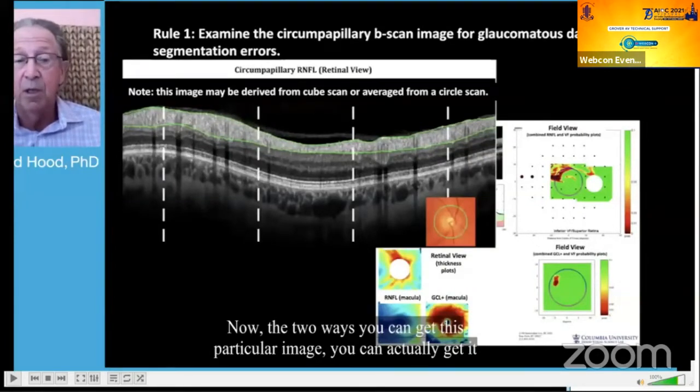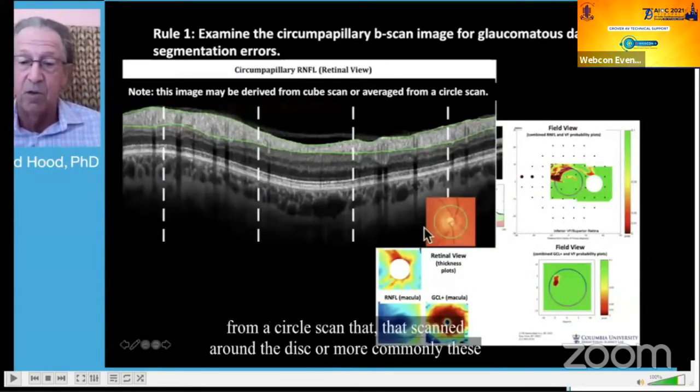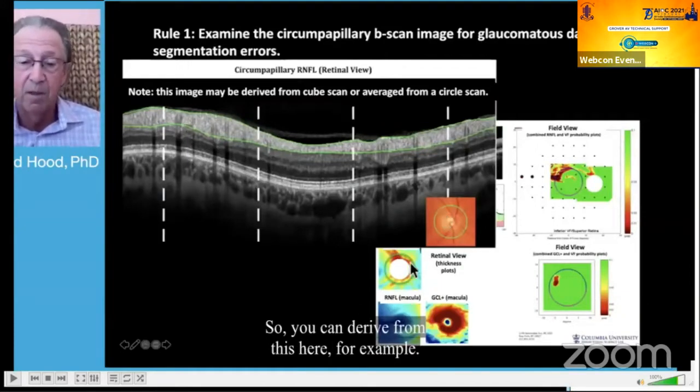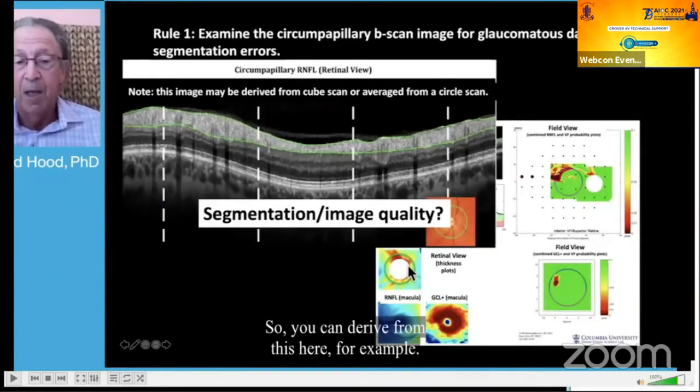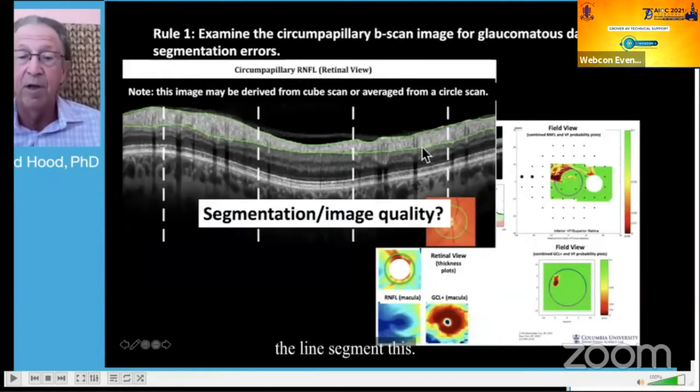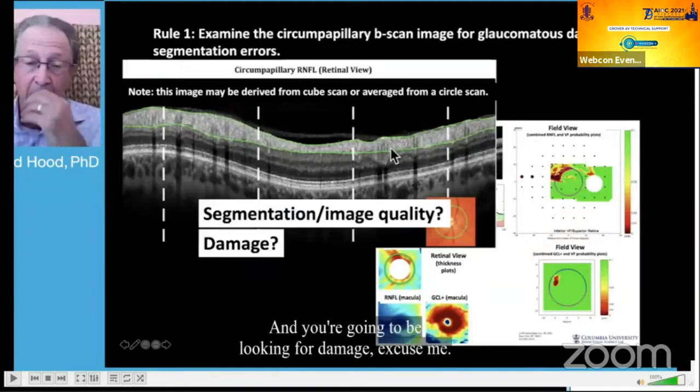You can actually get it from a circle scan that's scanned around the disc, or more commonly these days, you can get it derived from a thickness plot. So you can get it derived from this here, for example. And again, you're going to be looking for segmentation and image quality, how well the lines segment this, and you're going to be looking for damage.